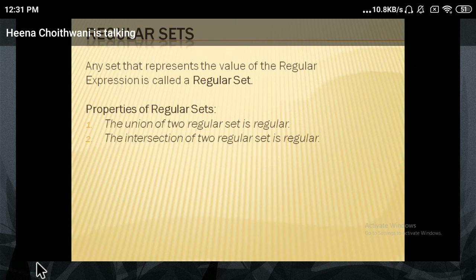So don't get confused between the set and the expression. What is a set? That will contain all the values of your regular expression. What is a regular expression? How you can represent your language in algebraic form. That is nothing but a regular expression. Is it okay?